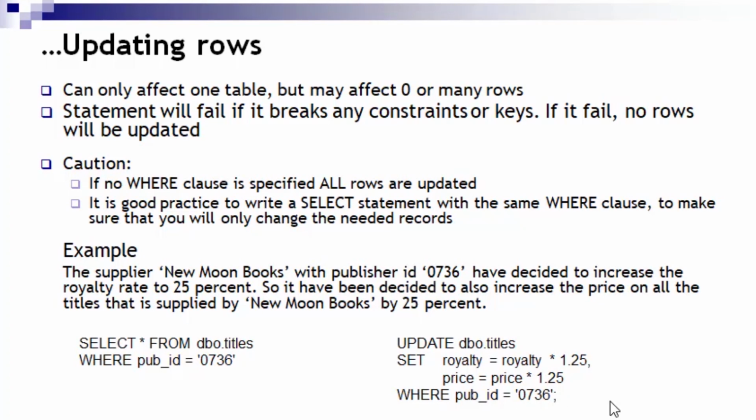Then we can add the where clause to our update statement and actually make a change. In this example they're changing the royalty rate and the price, and they're increasing it by 25%. Okay, please look at your maths and your ability that you can do this type of stuff.